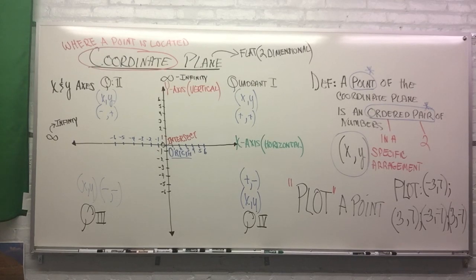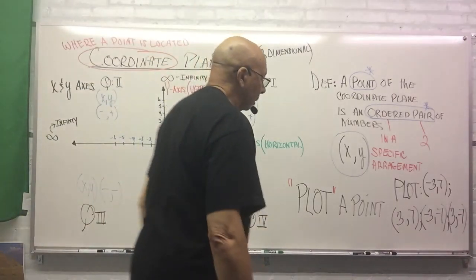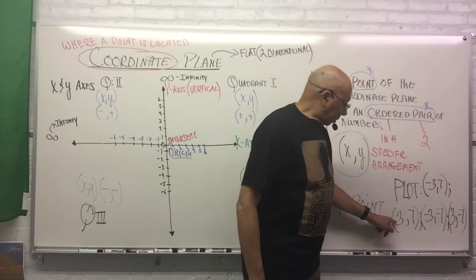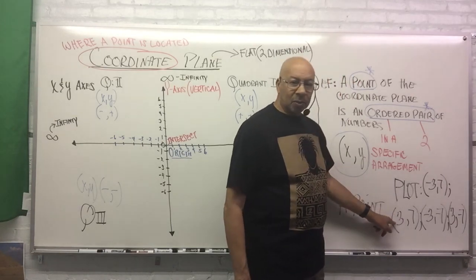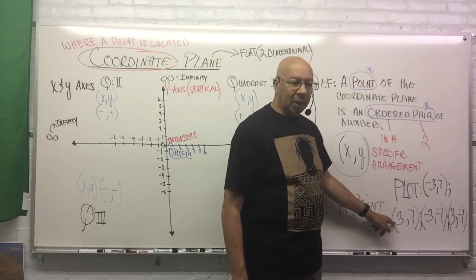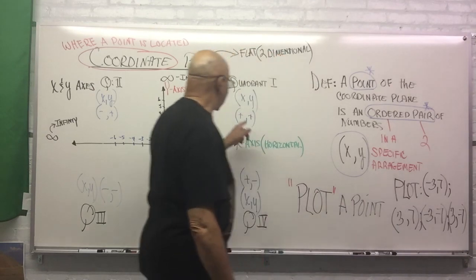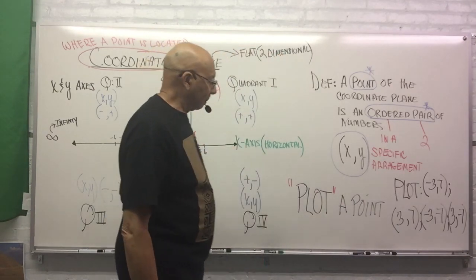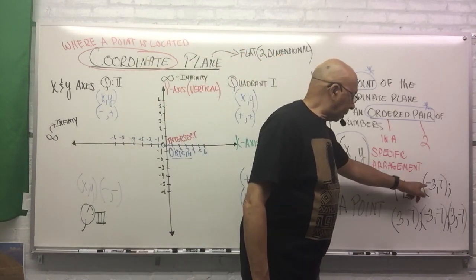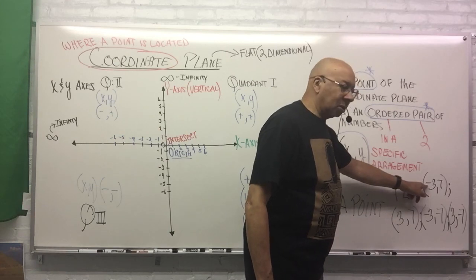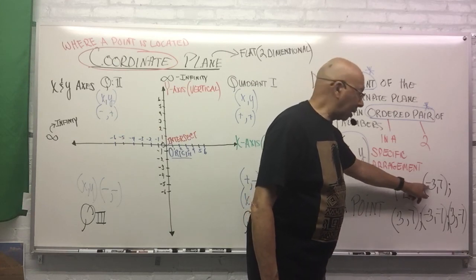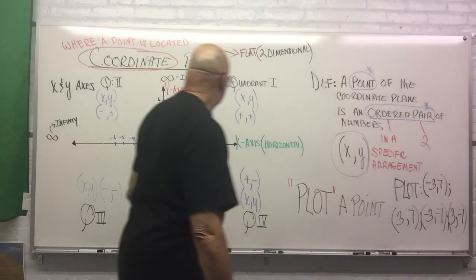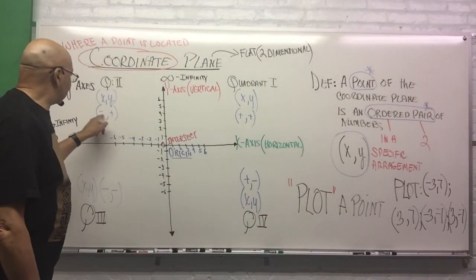So now, based on what I just told you, you know that this point 3, 7 is in quadrant 1 because they're both positive and everything in quadrant 1 is positive, positive. You know that this point is in quadrant 2 because it's negative for x but it's positive for y.